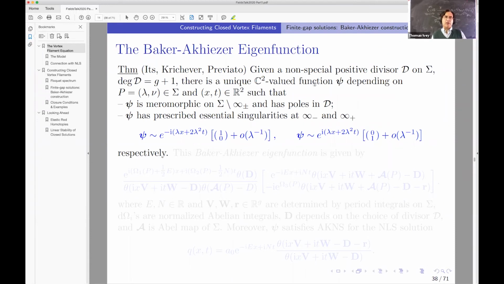We want a function of lambda, well, actually living on this Riemann surface, and of parameters x and t, that's meromorphic on most of the Riemann surface, except for, by the way, this Riemann surface has 2 points at infinity over complex lambda equals infinity, because lambda equals infinity is not a branch point, so there are 2 points.